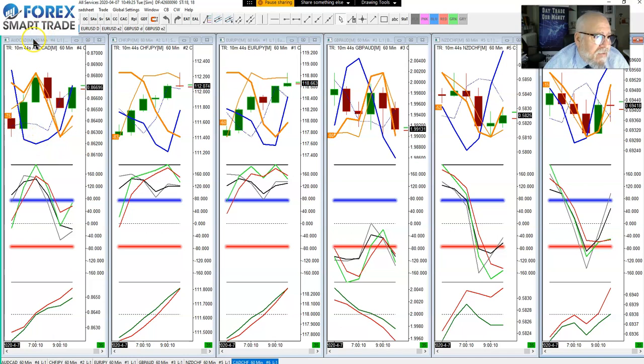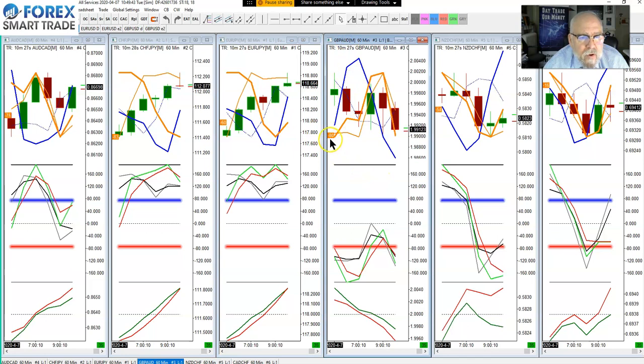Minus 75 AUD CAD, not close enough. Swiss franc yen, minus 84. Euro yen, minus 60, not close enough. Pound Australian dollar, minus 80, not close enough.